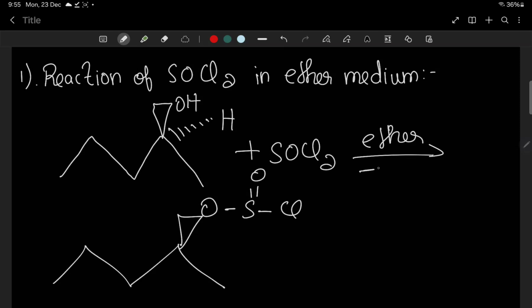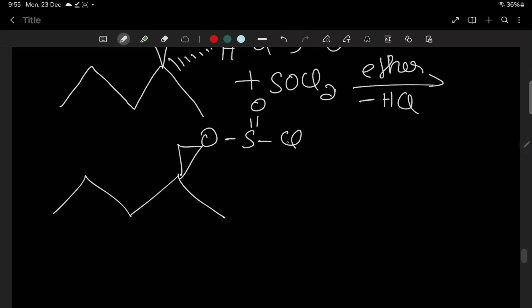Here first of all this H and one Cl from here go outside, and the rest of the SOCl goes and attaches here. So we get something like this. Now this chlorine, being so intelligent, goes and attaches here, and this SO2 goes outside.